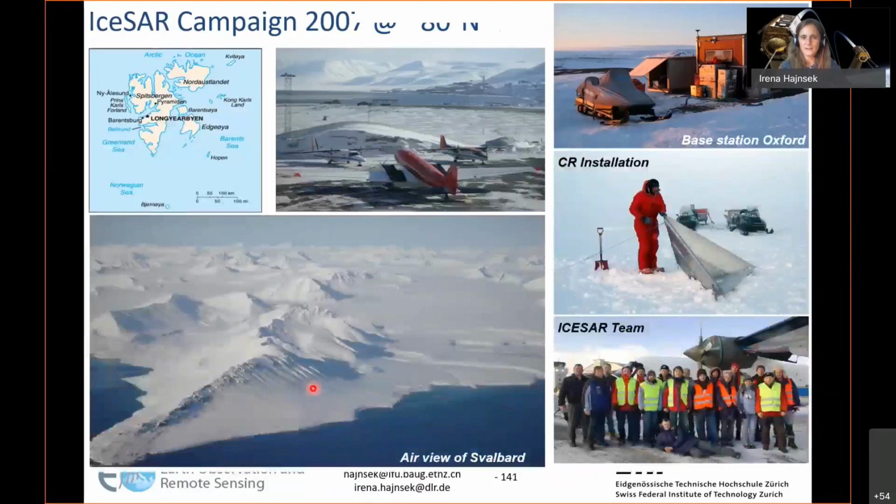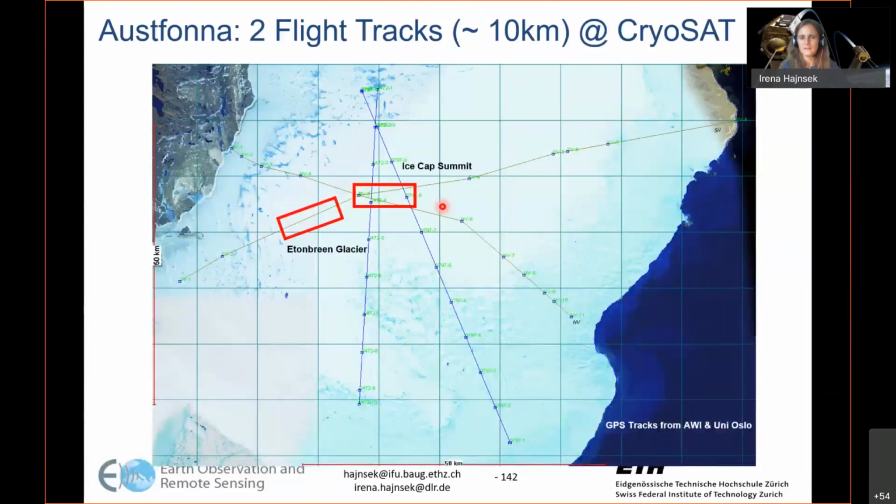Okay, we had another campaign, called the InSAR campaign, on Svalbard, which is very far north of Norway, where we were also going with our aircraft. This is the small aircraft, and this is a region of interest which we were working on and estimating. You see this is the acquisition area.